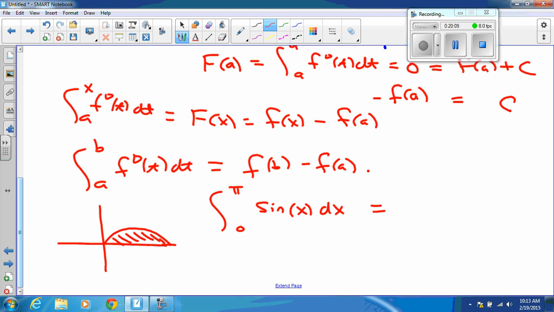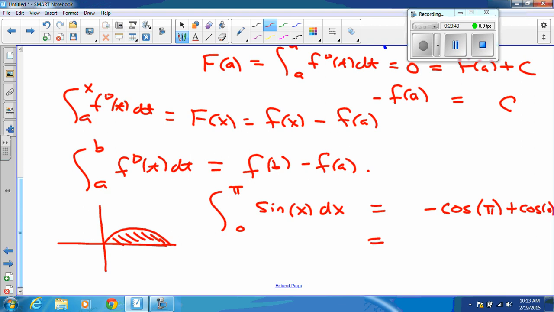If I think of sine x as f prime, then what is the f that gives me sine x when I take its derivative? In other words, what is the antiderivative of sine x? Not quite cosine, negative cosine. So that should be negative cosine of pi minus negative cosine of 0.